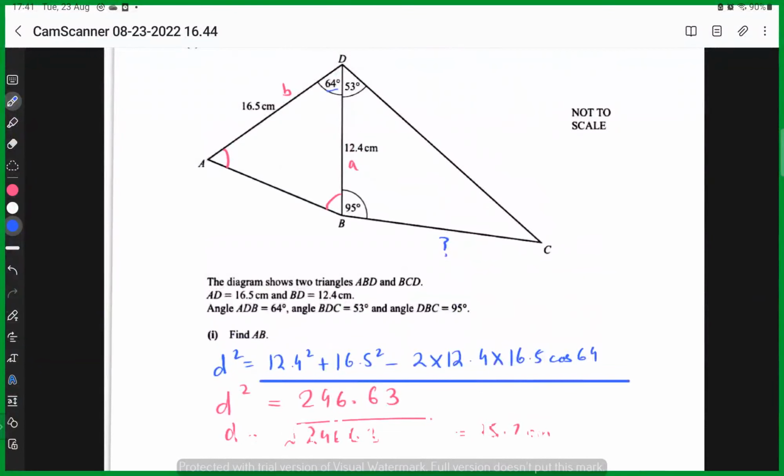I'm waiting. Do it quickly. And this time around, I want you guys to use the sine rule, and you can use the sine rule. Take 1 minute and tell me your answers.